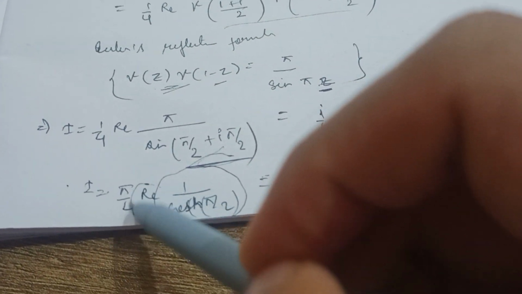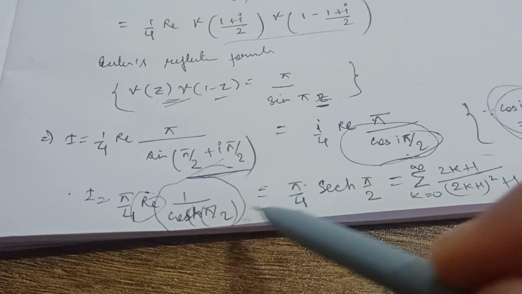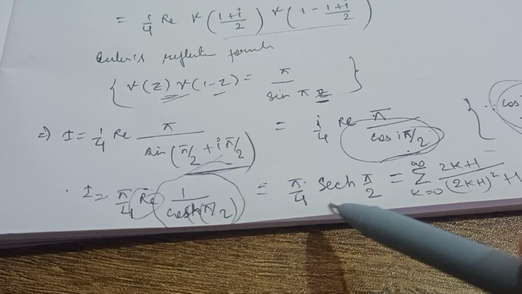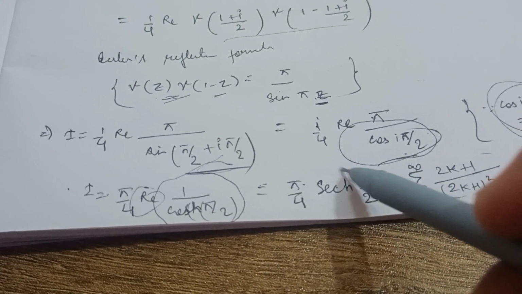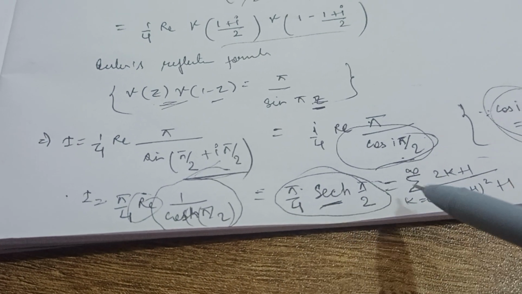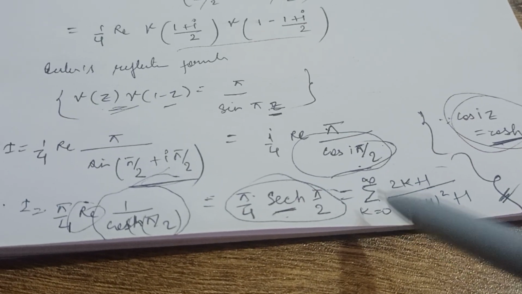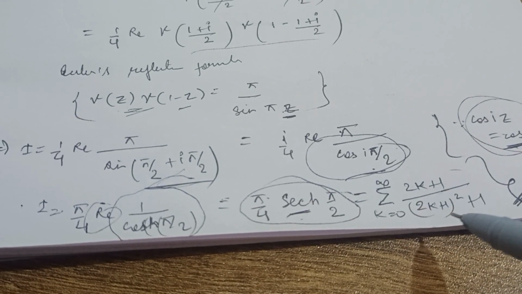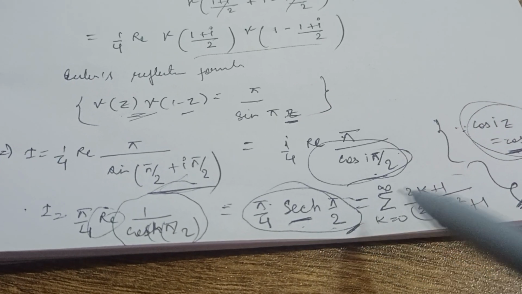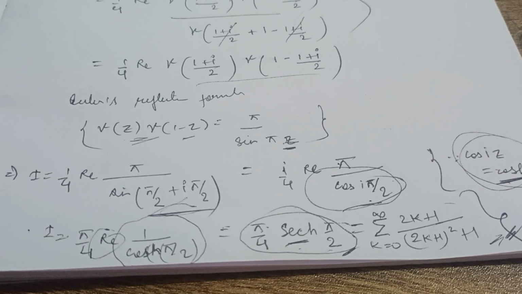So we can remove this real part, because this is real only. So pi by 4, and 1 upon cos hyperbolic pi by 2 can be written as sec hyperbolic pi by 2. So yeah, this can be your answer, but also, using the hyperbolic formula, this can be written as summation 0 to infinity 2k plus 1 upon 2k plus 1 power square. So you can write the answer as this also, or maybe this also. Okay, thank you. That was all.